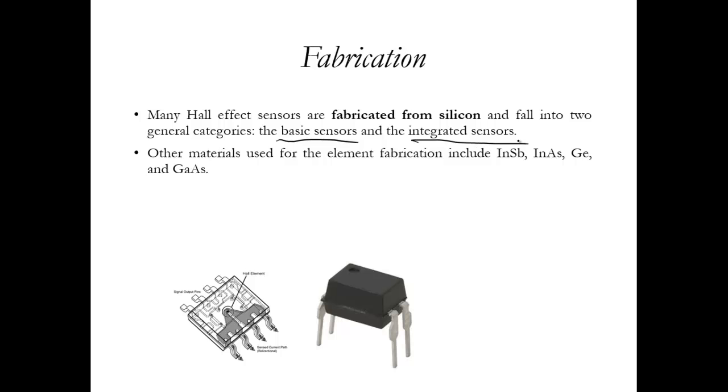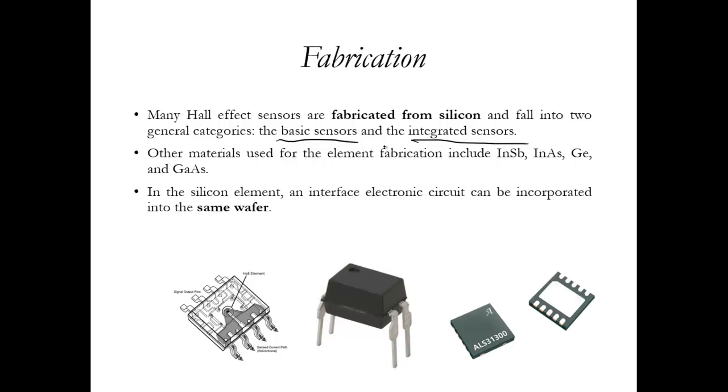Now the basic sensors could be simple sensors developed out of, let's say, any conductor, and then we have other circuitry. But integrated sensors are generally ICs, in which we interface this same circuit, that is the amplification, the filtering, and other things, all incorporated in the same silicon wafer.